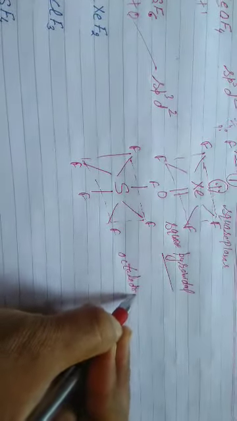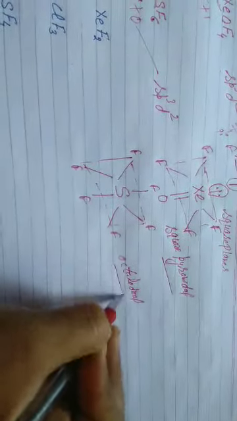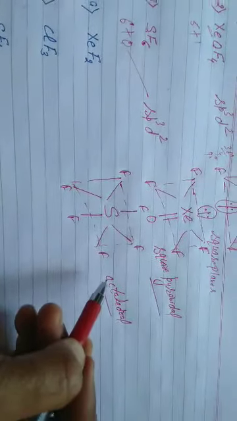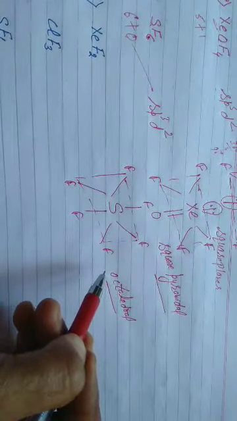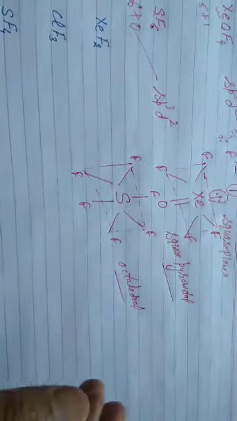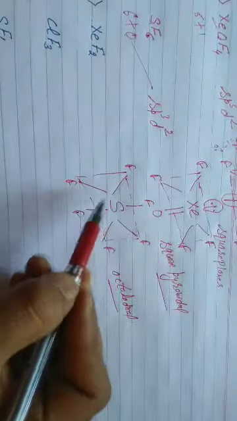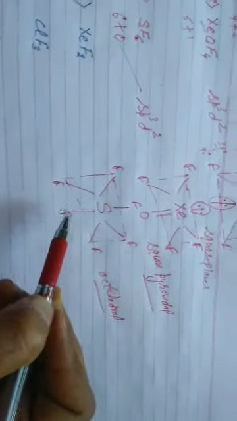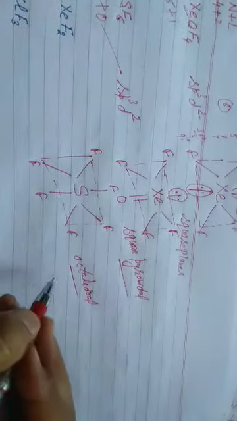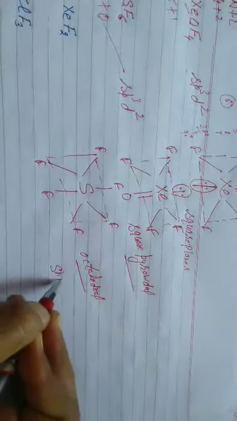Students, please notice carefully, for regular molecules shape and geometry will remain same, because in shape only bond pairs are included, and in geometry bond pairs as well as lone pairs are included. What is the difference between shape and geometry?